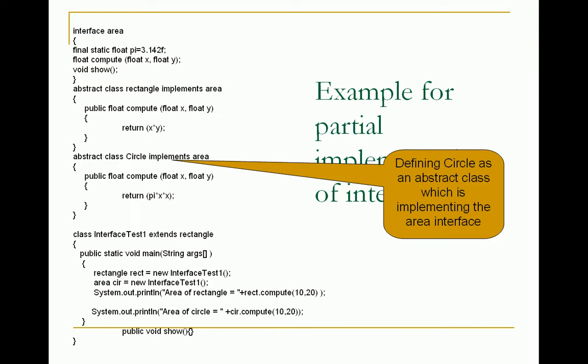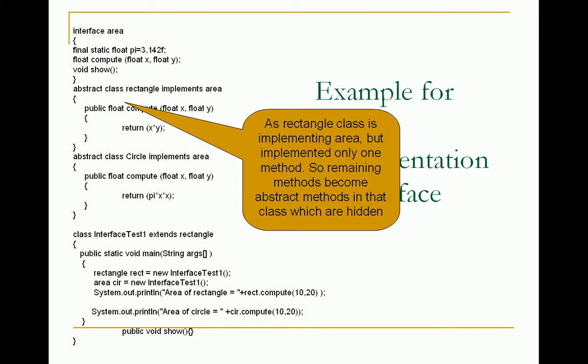Similarly, the class circle implements the area interface but implements only the one function compute. Here, as the rectangle class is implementing the area interface but implemented only one method, the remaining methods become abstract methods in the class, which are hidden.